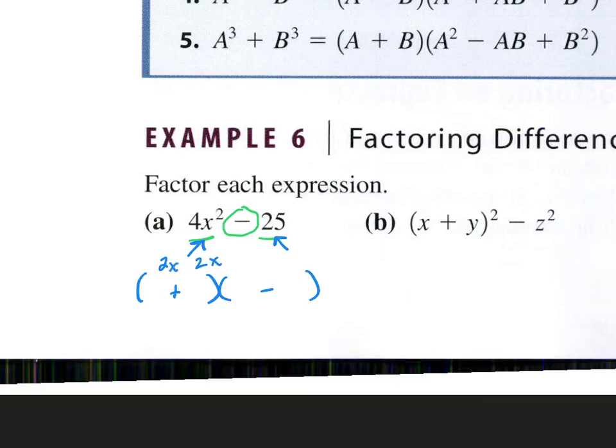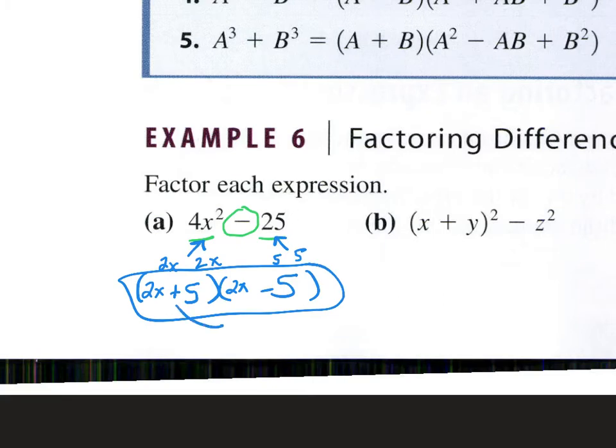What times what gives me 25? 5 and 5. So your binomial will have 2x in the front, 5 in the back, and your signs will be different. Do you see how that's a plus and that's a minus? Or it could be vice versa. But when you FOIL this back out, guys, with difference of perfect squares, the middle terms cancel out. Everybody see that? All right.